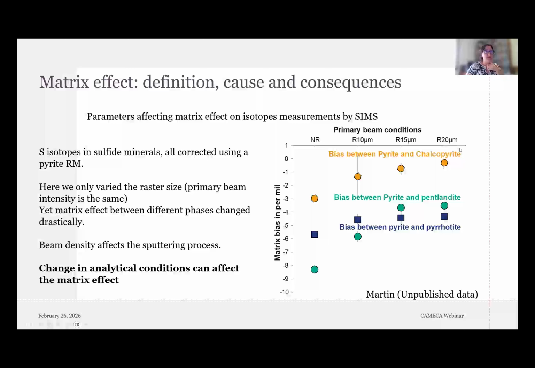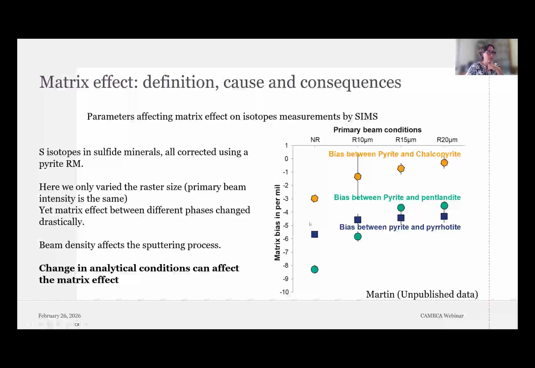And what we see is that for a given phase, the bias we observe between pyrite and chalcopyrite, for example, is nearly 0 with a large raster, but then it increases a lot while we reduce the raster size. And that's a similar trend that we observe in all these sulfides.